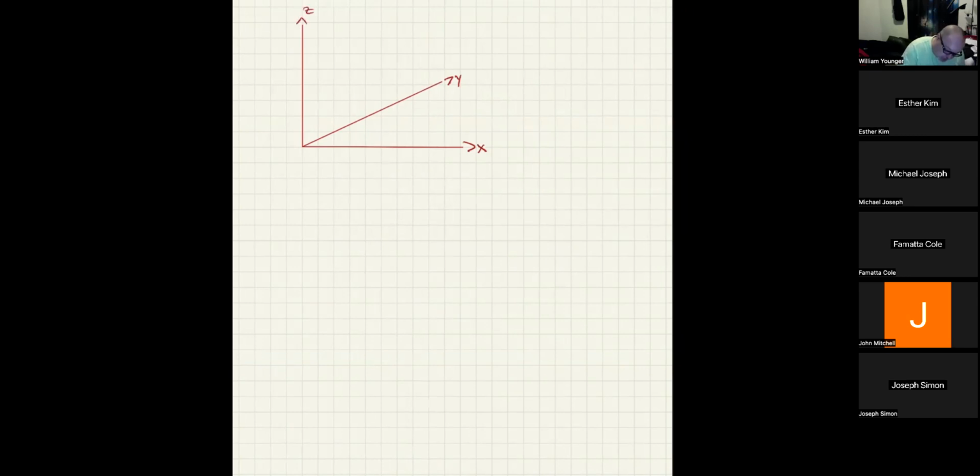And first thing I'm going to do is I'm going to put Q right here. And I'm going to explain what that means by drawing some little dash marks. So in other words, this is x sub q. This is y sub q. And in fact, this is z sub q.